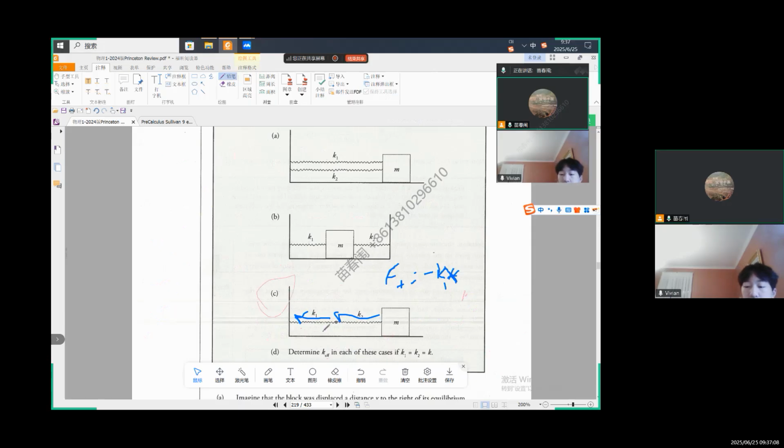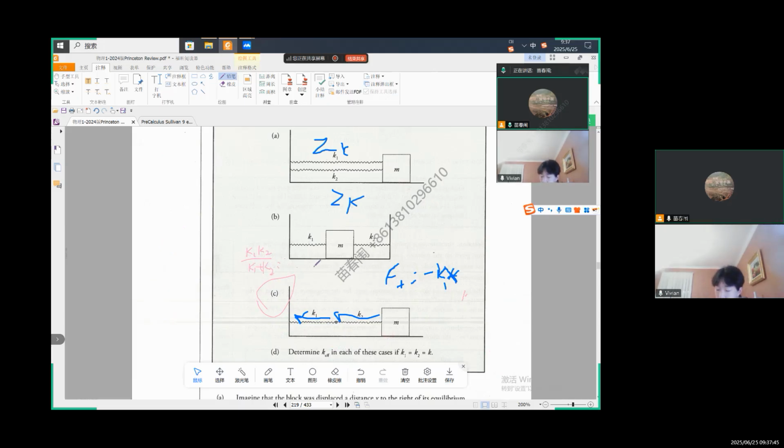So that's C, okay? How about D? This K equals K. This one would be 2K. Yeah, this one also 2K. And if they're both the same, it would just be K. So the C is this, right?